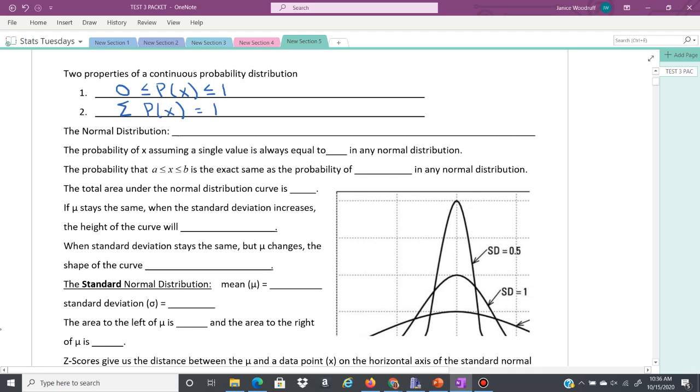Normal distribution. So normal distribution is going to be our most commonly used probability distribution.